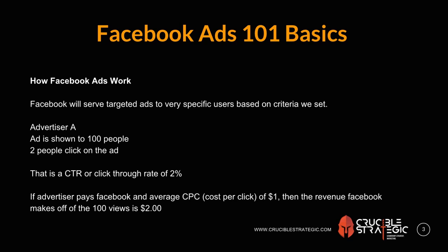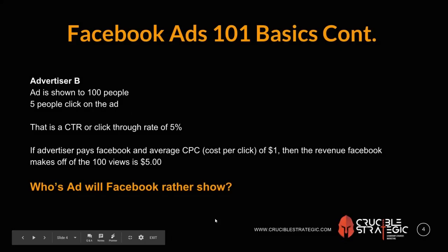Okay, now if the advertiser pays Facebook an average CPC, which is cost per click, so each time a person clicks, they pay $1 for that click, then the revenue that Facebook made off of that 100 views is only $2. Okay, so now we have advertiser B. His ad is shown to 100 people, and 5 people click on his ad.